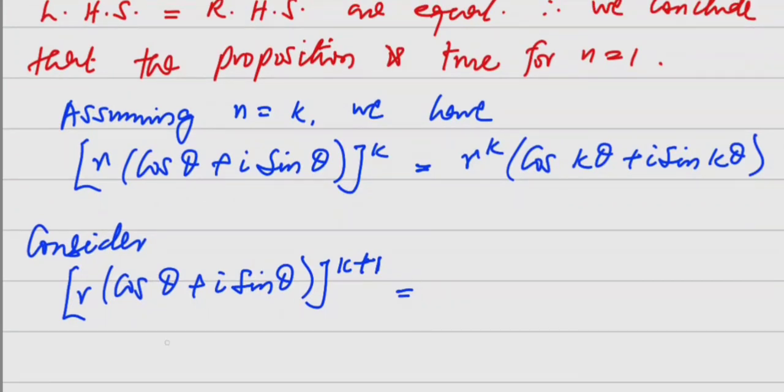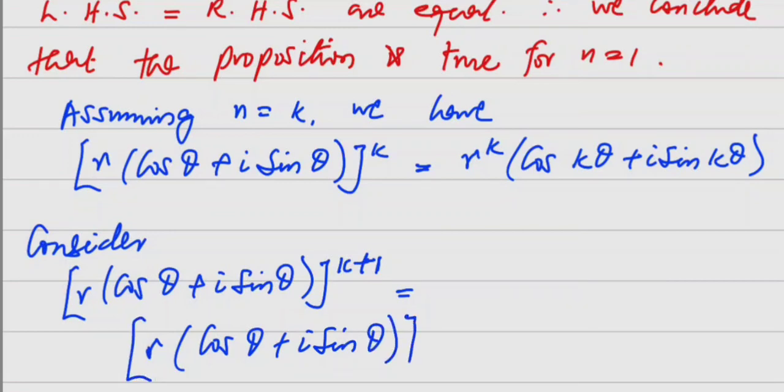So this one is equal to r into (cos theta plus i sin theta) all raised to power k, then multiplied by r into (cos theta plus i sin theta).